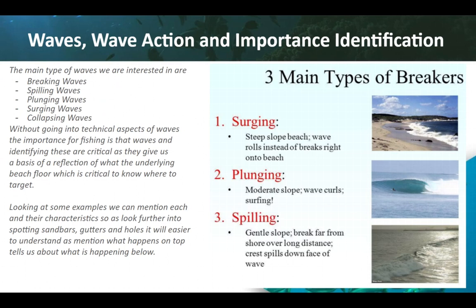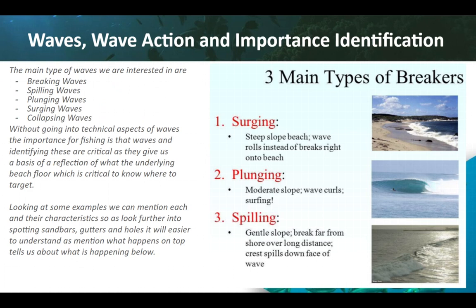Now, waves and wave action are actually rather important features, because as we go through, I'll mention different types of waves, like a breaker or a surging wave, plunging, spilling, collapsing, and so forth.